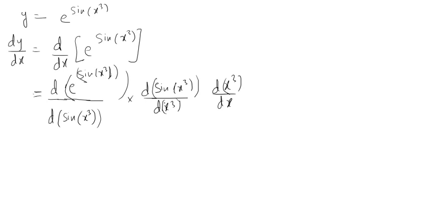I do not have any direct formula for that, but I can find d sine of x cube by d of x cube, because this is like d sine of something divided by d of something. So the value of this is e to the power sine of x cube multiplied by cos of x cube multiplied by 3x square. So dy by dx is this.